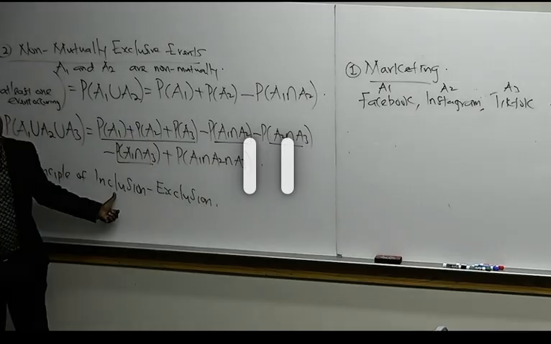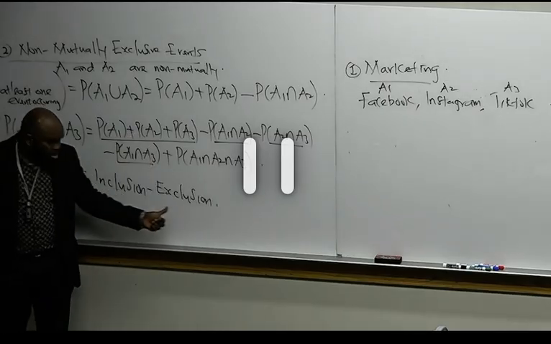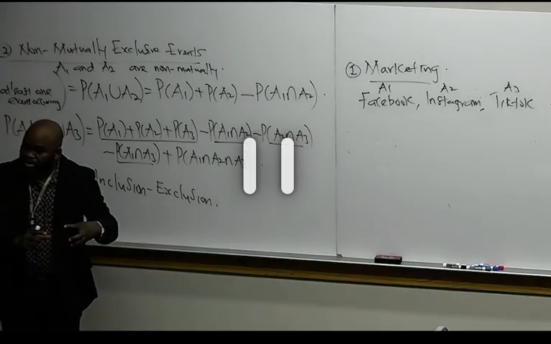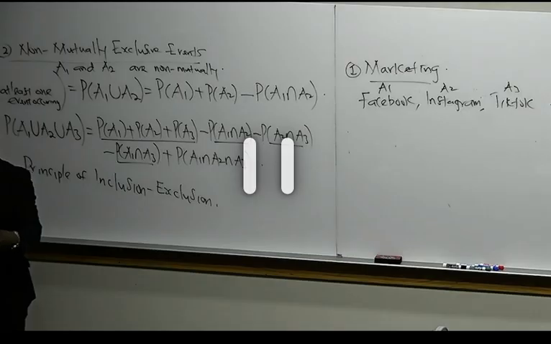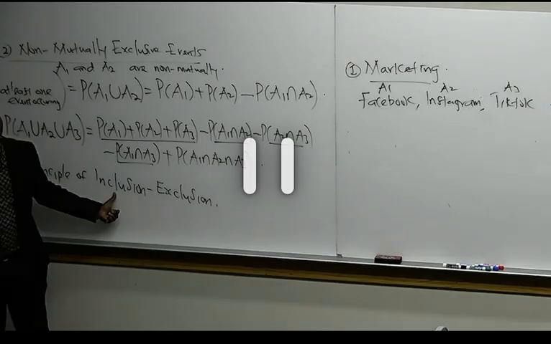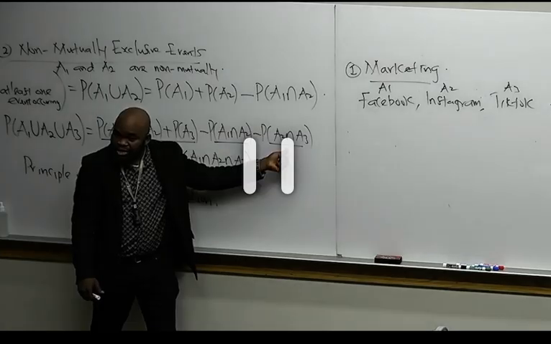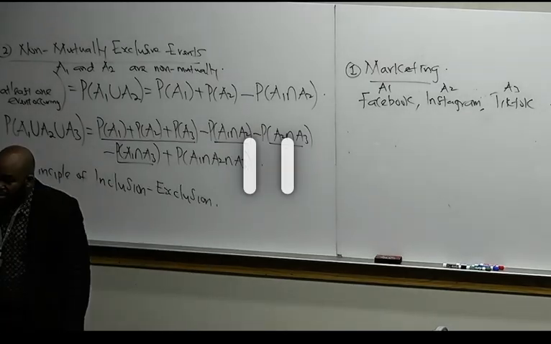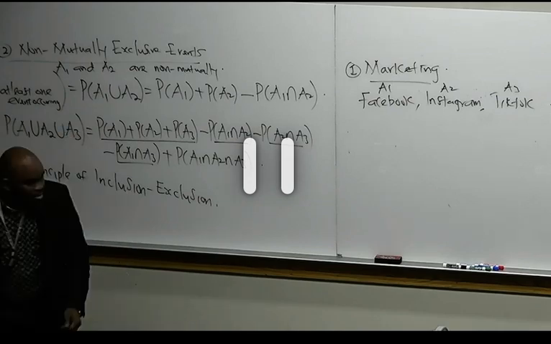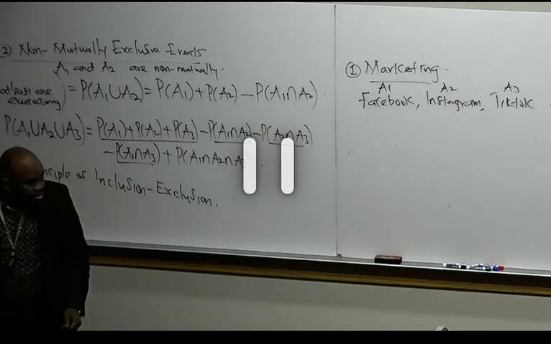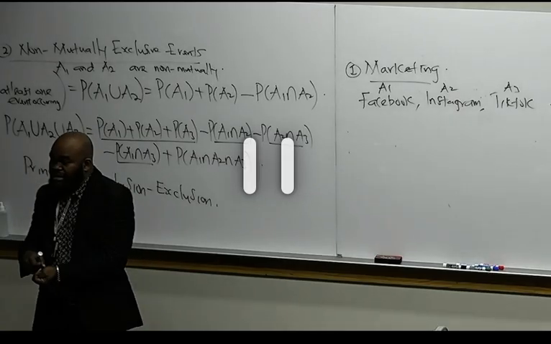I'm going to tell you why it is called that. Inclusion: I will consider those that are on Facebook, those on Instagram, and those on TikTok separately. Then, in order not to have double counting, I'm going to remove this, to adjust for overlaps. Those that are on Facebook and Instagram, we don't want them to be double counted. Otherwise, it will affect the results.